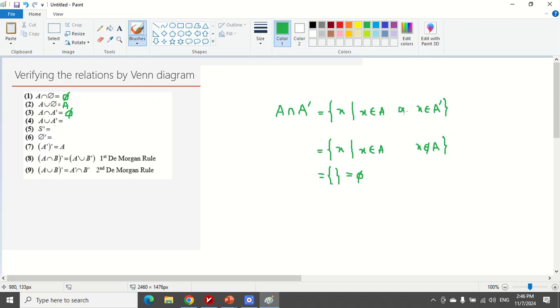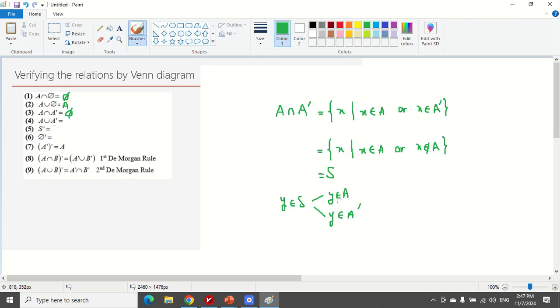So x should belong to A, or x is not belonging to A. If I assume all the elements of the sample space, all S over here, and I have y as an element in S, then there are two possibilities. Either y belongs to A, or y is not belonging to A. In other words, y belongs to A prime. There are two possibilities for any element.